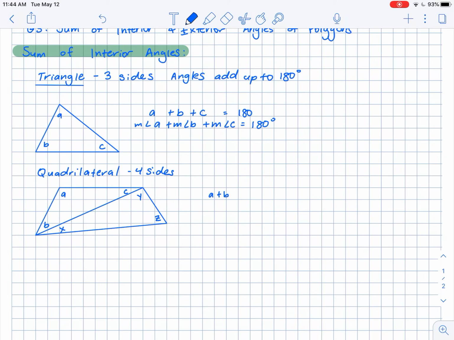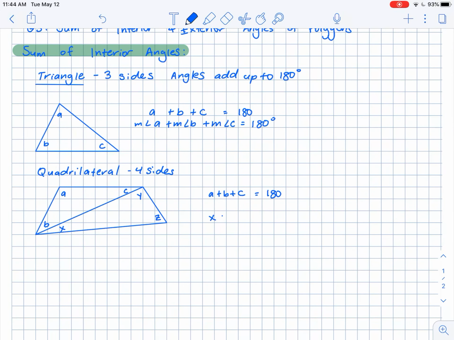I know that A plus B plus C equals 180. I also know that X plus Y plus Z equals 180 because they're both triangles, and triangles always have a sum of 180 degrees when you add the interior angles.